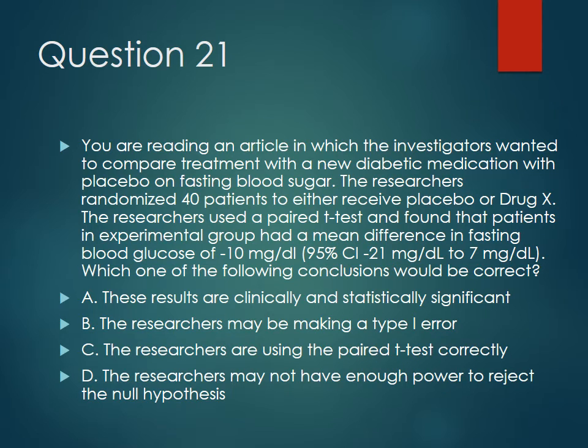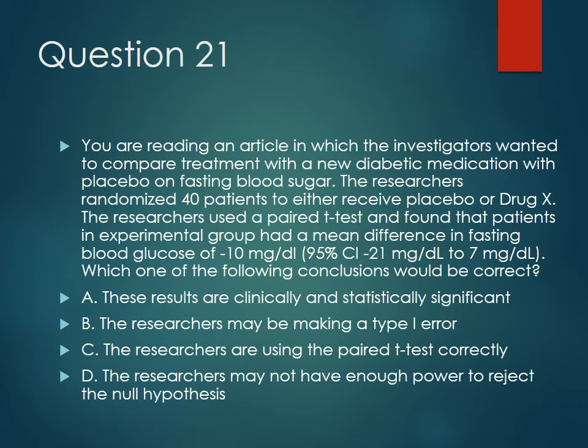The researchers randomized 40 patients to either receive placebo or drug X, and used a paired t-test and found that patients in the experimental group had a mean difference in fasting blood glucose of 10 milligrams per deciliter, meaning that when they received drug X, they had a reduction in fasting blood sugar of 10 milligrams per deciliter. You can see the confidence interval here ranging from -21 all the way up to +7. Which of the following conclusions would be correct?